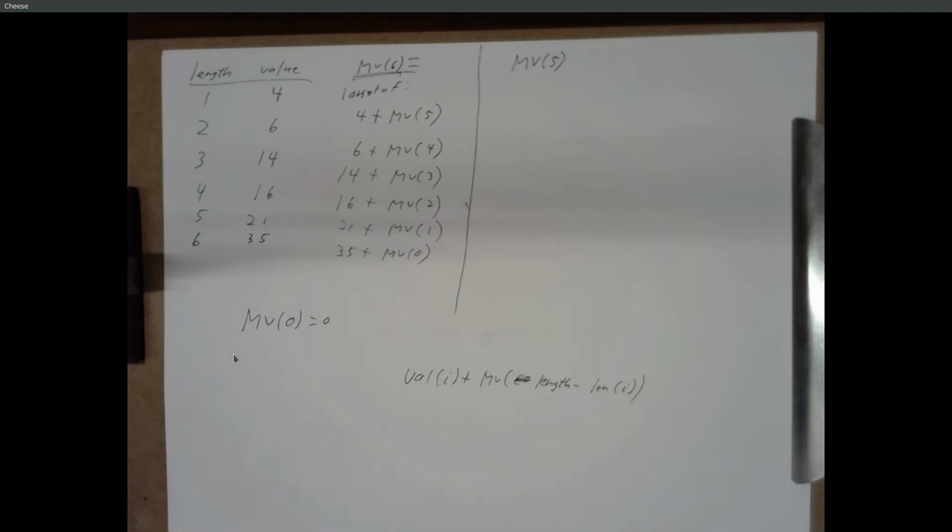So it may help to actually write down your max val for each of these. So what's max val of 2 equal to? Okay, so you can put 8. So what are your 5 expressions here?